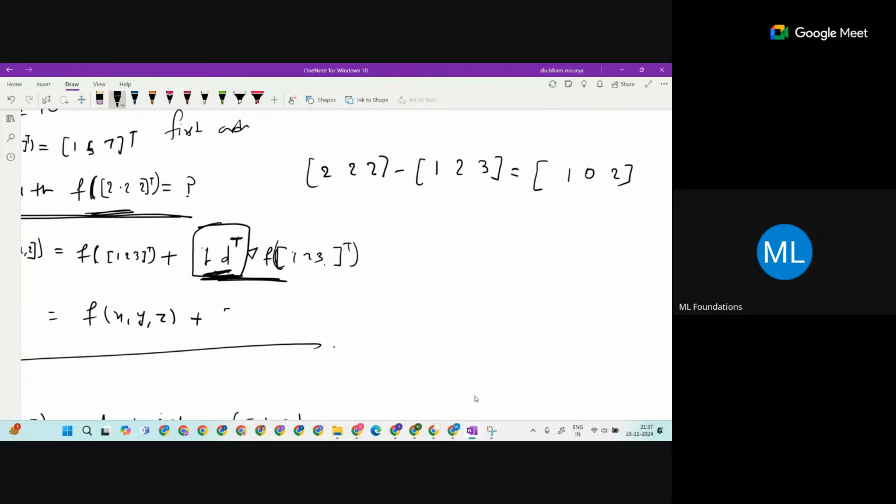So the dot product, 0 minus 1. The last one is minus 1, so the vector is going to be (1, 0, -1), and the gradient is given as (1, 5, 7) at the point (1, 2, 3).